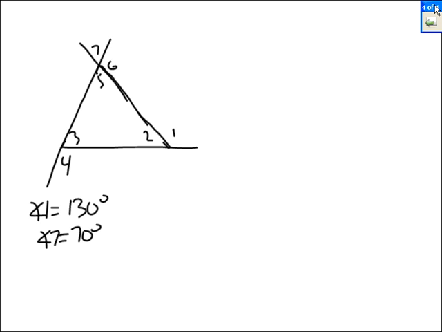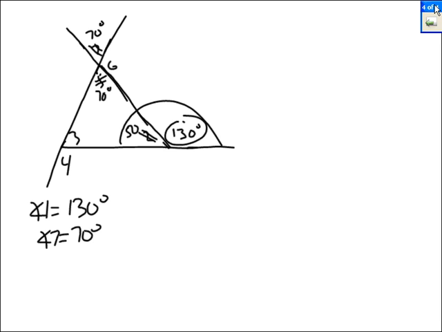Right. So, angle 7 is 70 degrees. Opposite it is also 70 degrees. And angle 1 is 130 degrees. Well, that means 2 things. This angle is 50 degrees because that's what you add to 130 to get 180, because this is a straight angle.